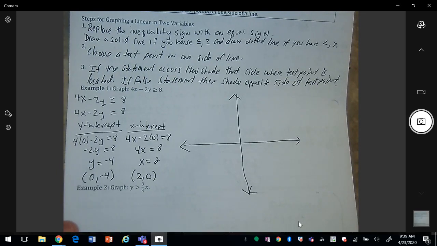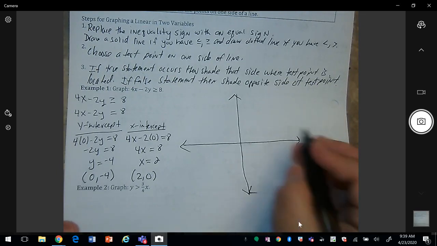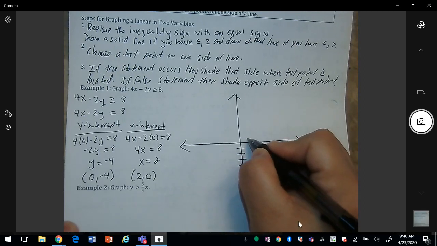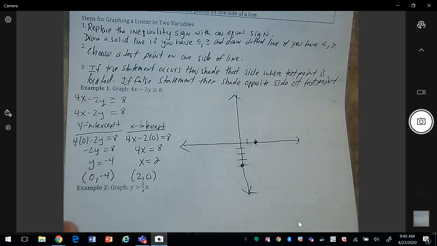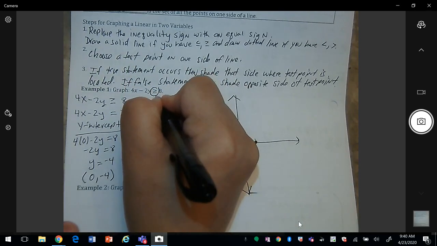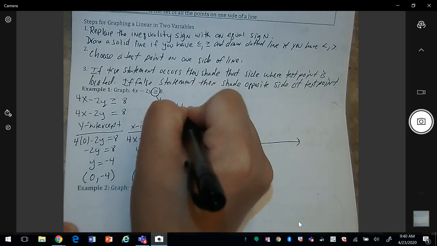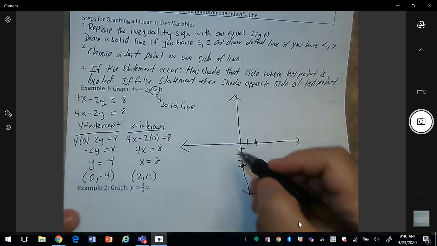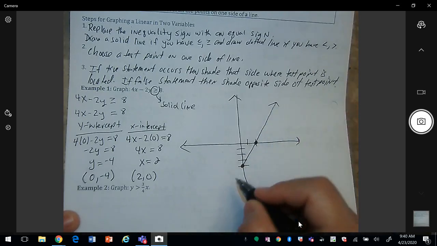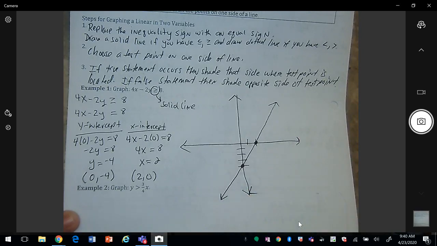So I can plot my points, 0, -4, and 2, 0. And then we need to decide if we draw a dotted line or a solid line. Since we have greater than or equal to, this is going to be a solid line. Okay, so that takes care of step number 1.